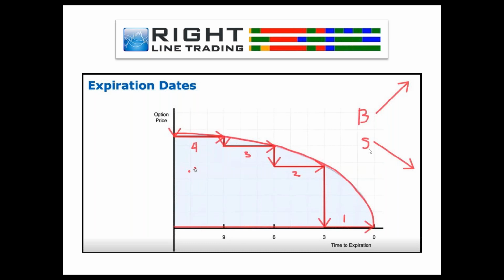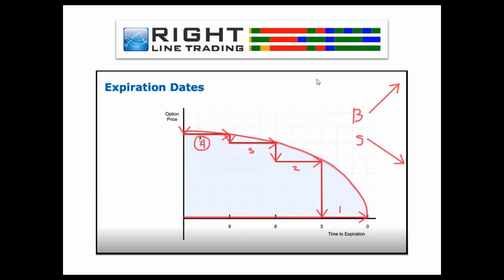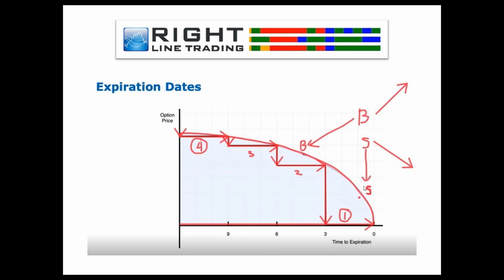If we sell, we want to go to the time area that has little time premium. And there's the buy in 4. And there's the sell in 1. And like I said, I just put all this stuff on here because I can't draw on this.